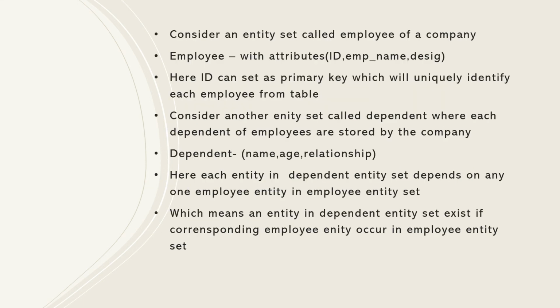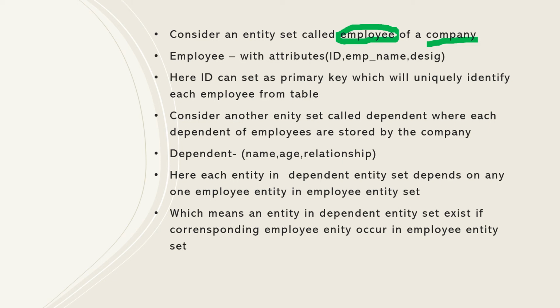The next point is that we can consider another example. Consider any company or organization, and there is an entity set called employee. Let employee be an entity set in a company.